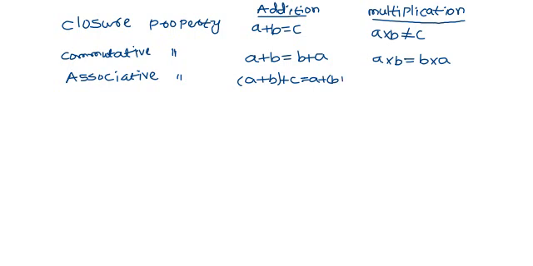So now this is the addition type of property. Next one, multiplication. (a into b) into c is equal to a into (b into c). Okay, this is the associative property.